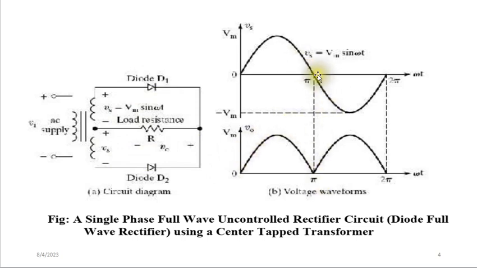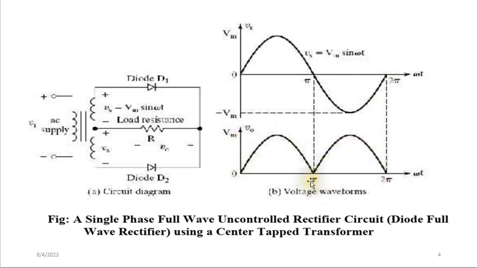When the input signal changes to the negative polarity, the polarity here also changes. This will be negative and here will be positive, so that diode D2 will conduct, while D1 will be turned off because it is reverse biased, and the signal will be conducted still in the same direction. So in this way, we are changing the alternating current into DC.